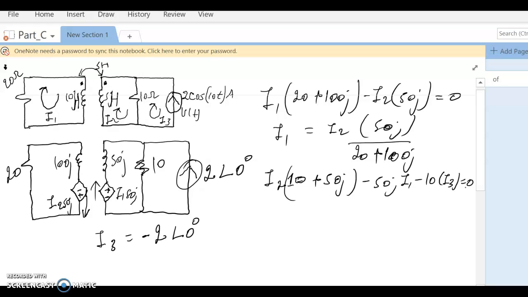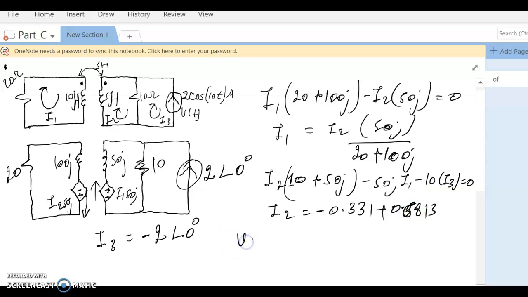And then I2 will be minus 0.331 plus 0.5813. This is 5 here.